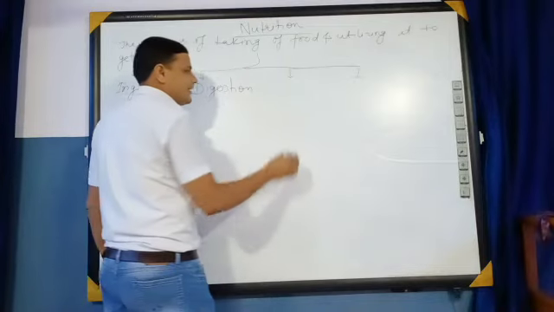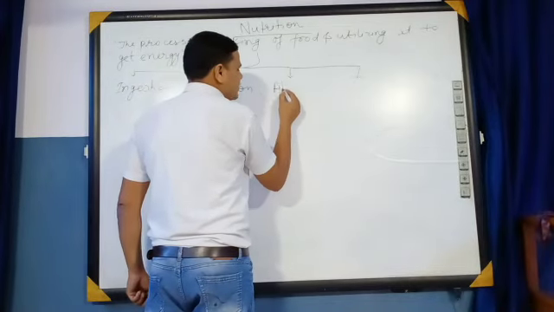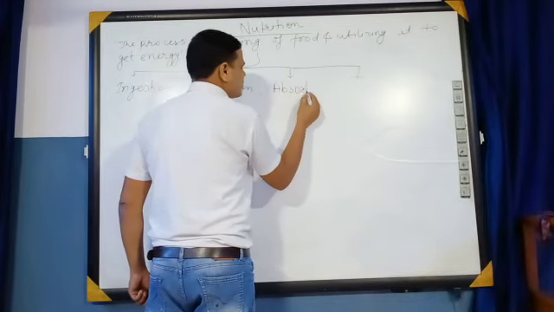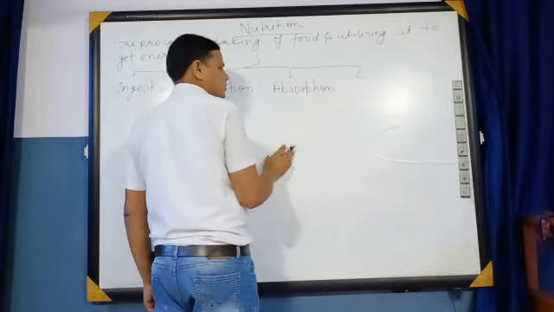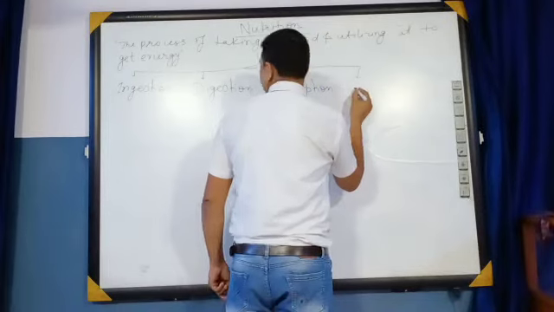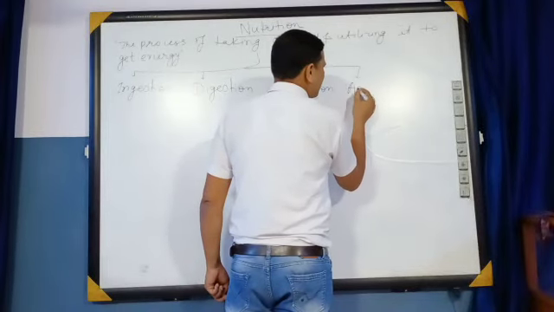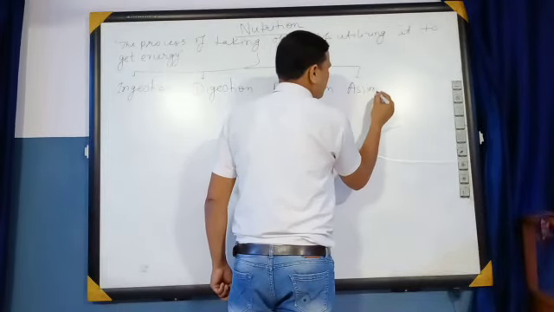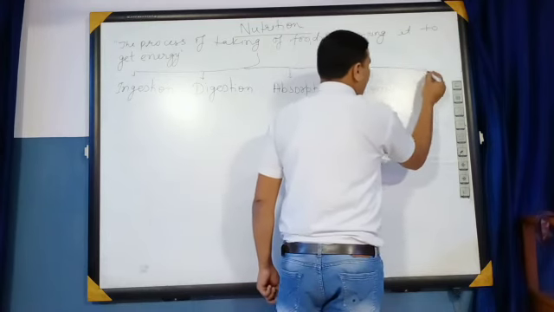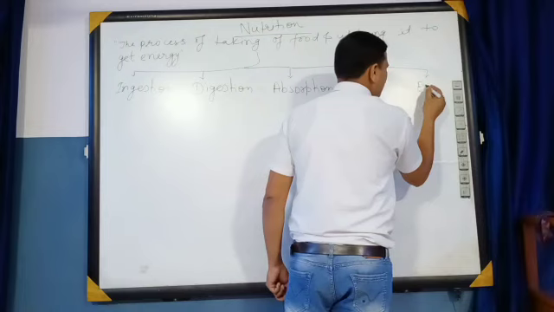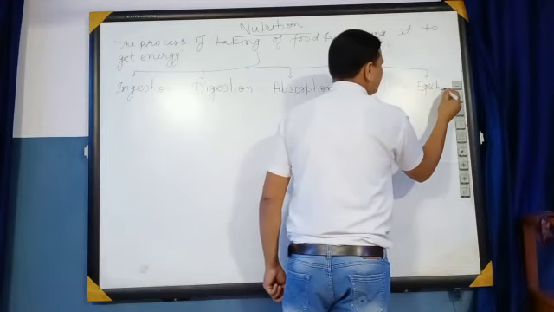Third step is known as absorption. Fourth step is known as assimilation, and the last step is known as digestion.